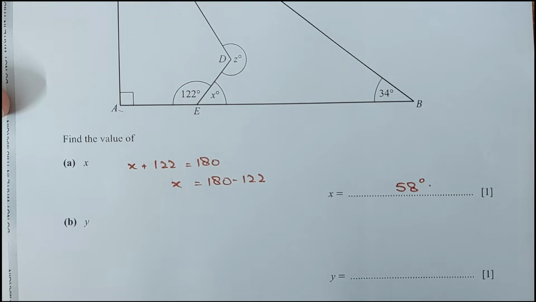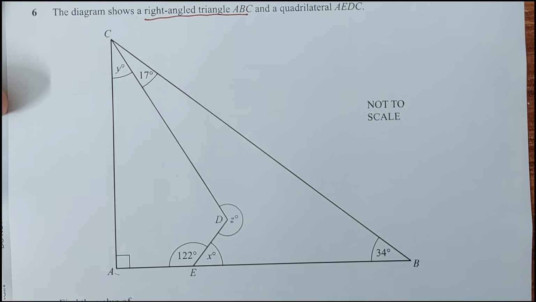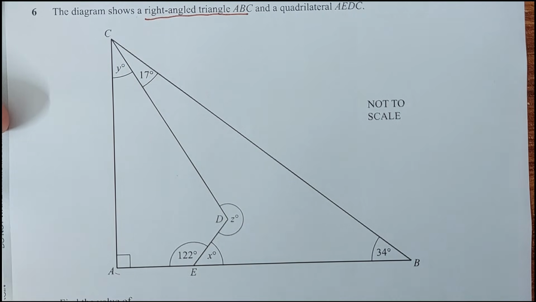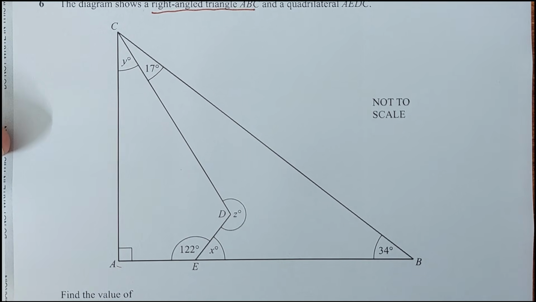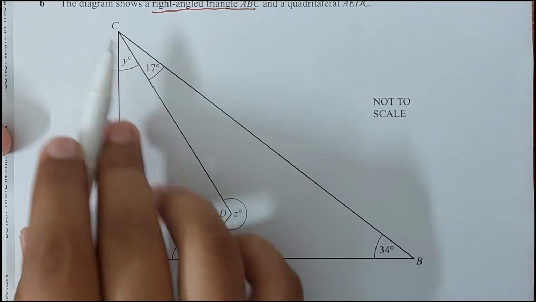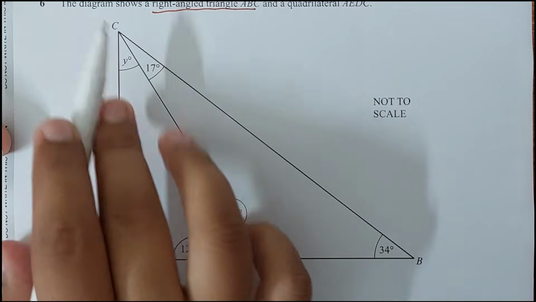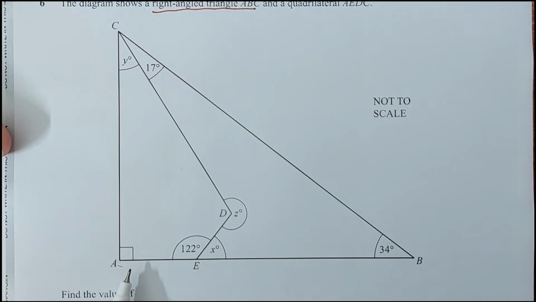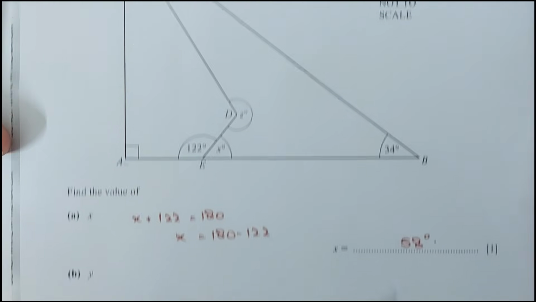Now for part B, angle Y, where is Y? Okay, Y is over there. So to get Y, we have to use the concept of a right-angled triangle. This angle is 90, this angle is 34, and we have that angle, which is the sum of Y and 17. The sum of all three angles of a triangle adds up to 180 degrees.